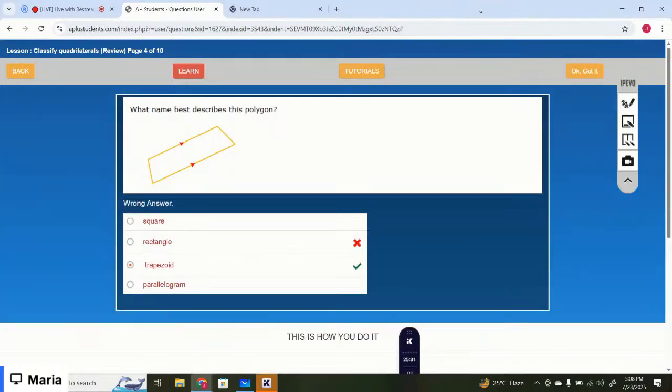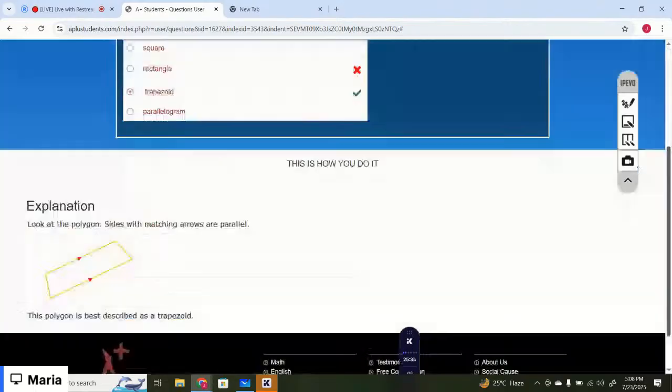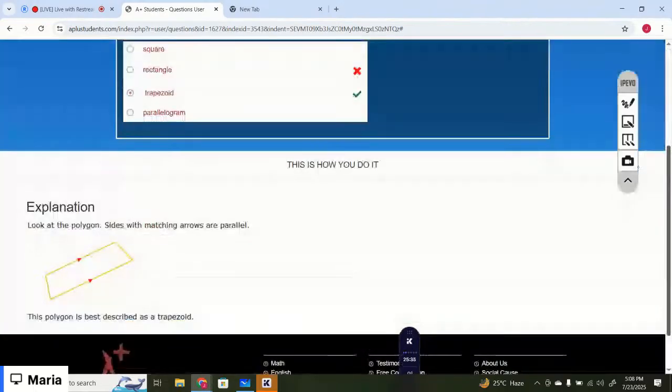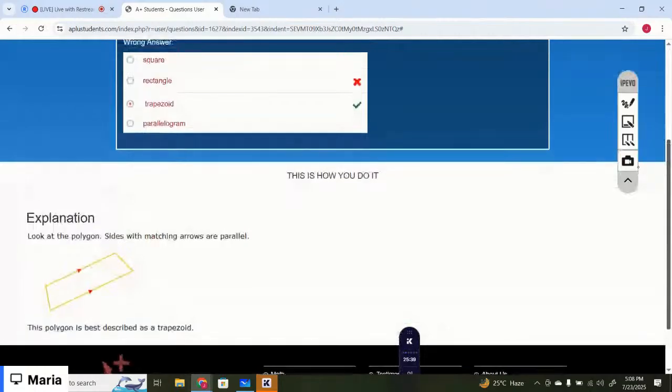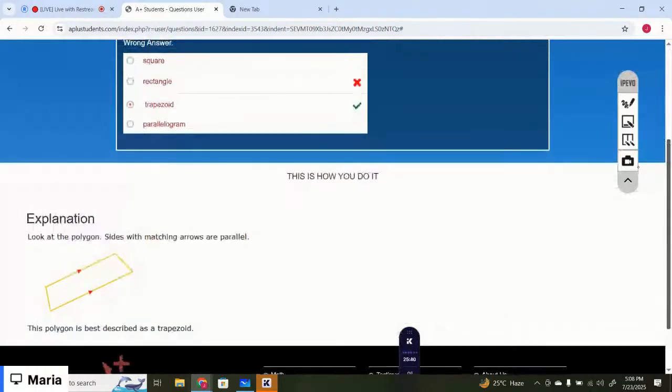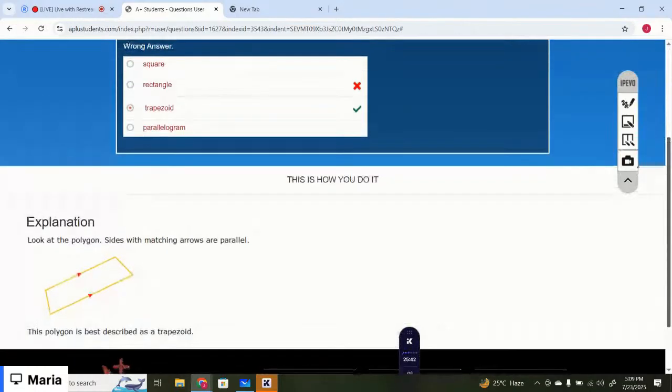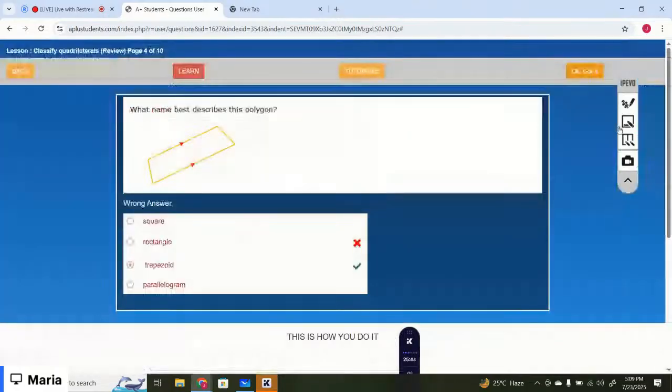Rectangle it is. Option number two is the correct option. Trapezoid. Sides with matching arrows are parallel, so they are the parallel sides. So that is the trapezoid.